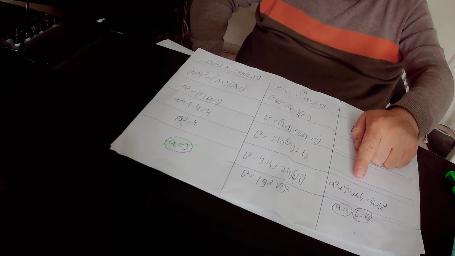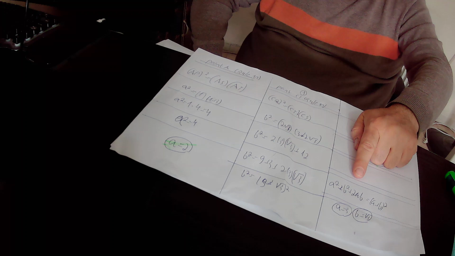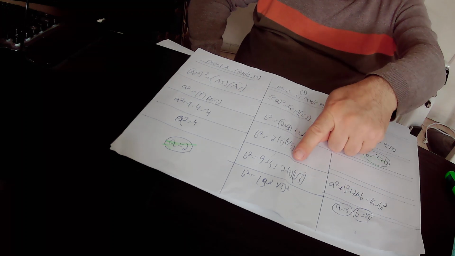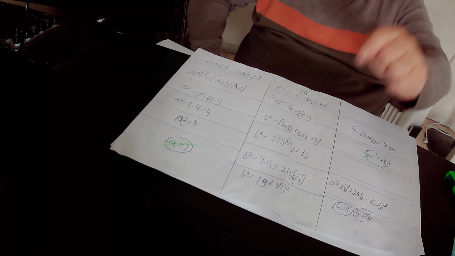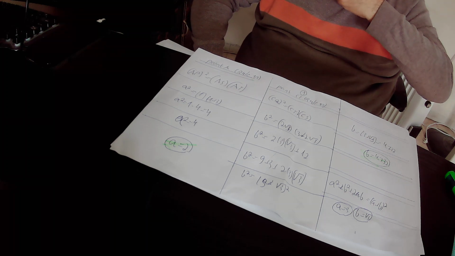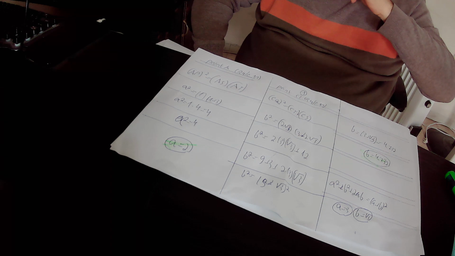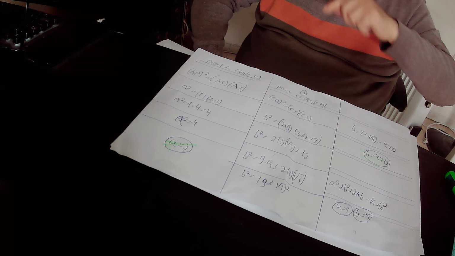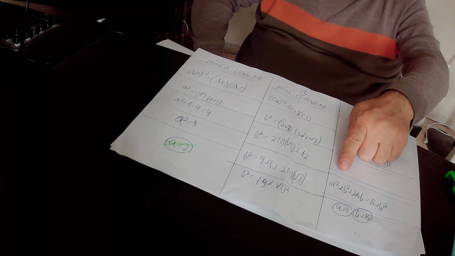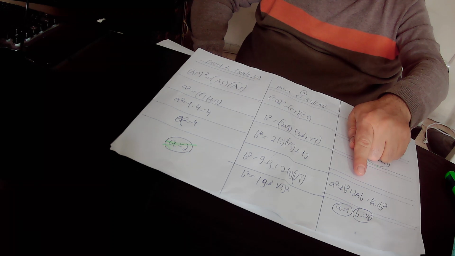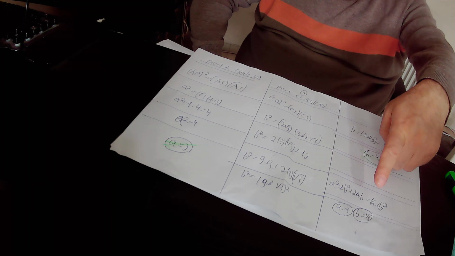And finally, plus 2ab, so it is plus 2 times 3 times square root of 3. So 9 plus 3 plus 2 times 3 times square root of 3 is identical to a squared plus b squared plus 2ab if we define a as 3 and b as square root of 3.